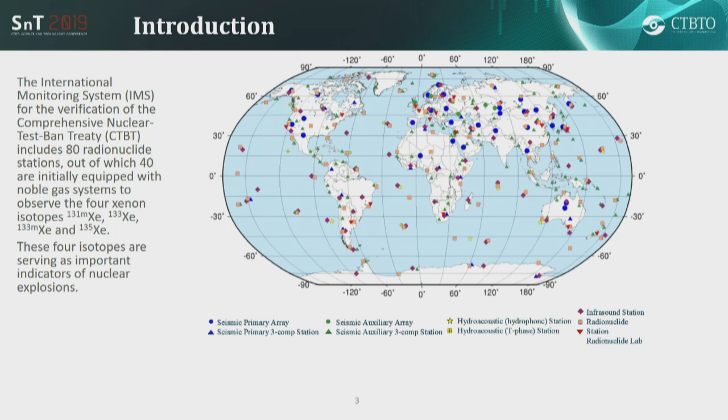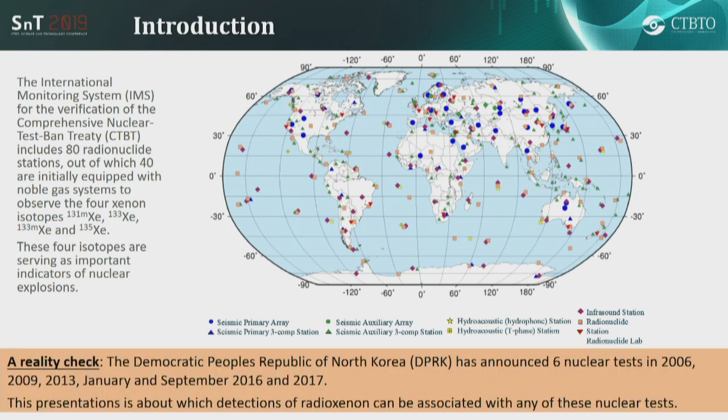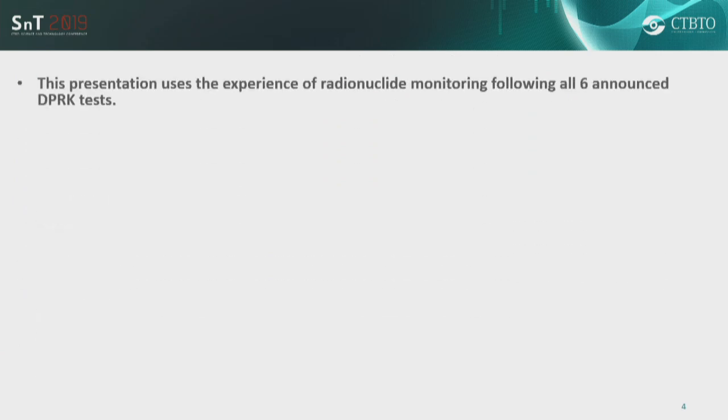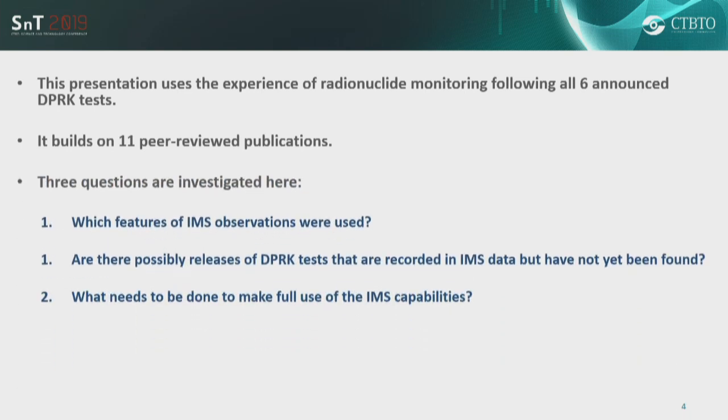This was put to a test with the 6 announced nuclear tests of the DPRK, and this presentation summarizes what was found and reported after the DPRK announced tests. And I limit this presentation to peer-reviewed publications. There are 11 papers that we found and that we look into here with the following questions.